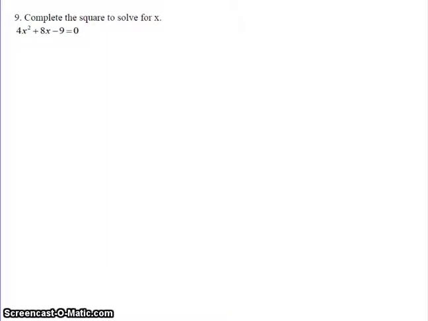We have to complete the square to solve for x. This one might be a little bit over what you need to do, but what you want to do to complete the square is you want to isolate the x terms. Additionally, when you complete the square, you can't have a coefficient other than 1, so we're going to divide by the 4 there.